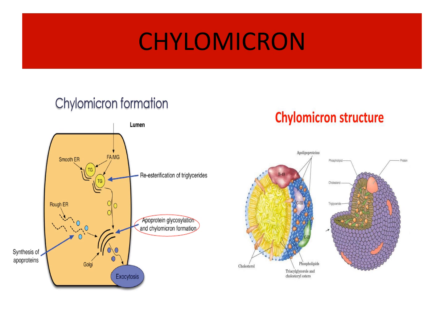A very important thing is the proteins, basically the transporter proteins, which are apoproteins, which are added to the chylomicron, and the complex structure is formed, which enters into the lacteals.